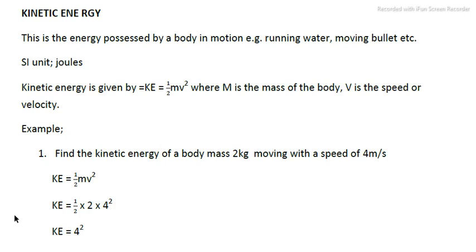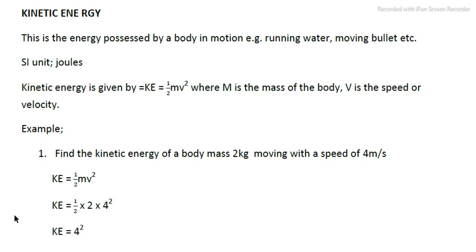Kinetic energy is determined by the help of a formula, that is kinetic energy equals a half mass times velocity squared. And from this formula we can look at some examples of how to find kinetic energy.